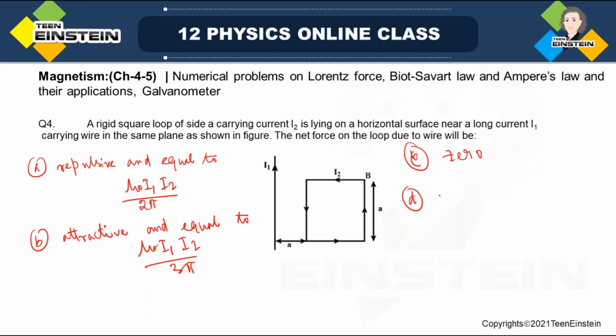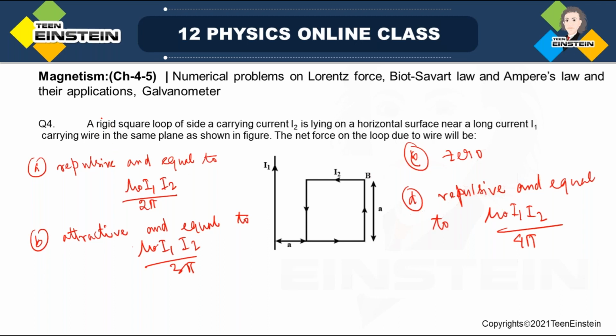Option D, repulsive and equal to mu0 I1 I2 by 4 pi. Okay, so these are the options.